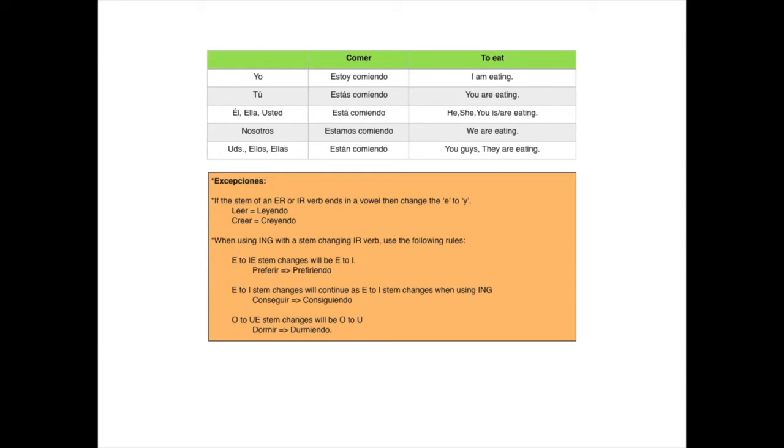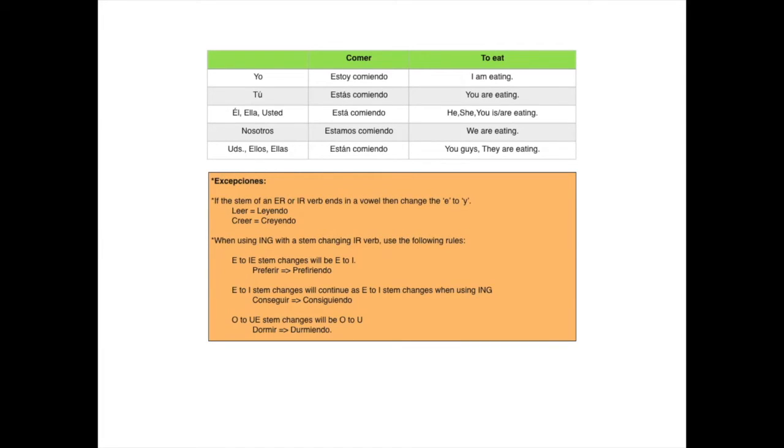So if the stem of an ER or IR verb ends in a vowel, then change the I to a Y. So if we have the verb leer, we take the ER off. When we take the ER off of the verb leer, we're left with its stem, the stem being just LE.